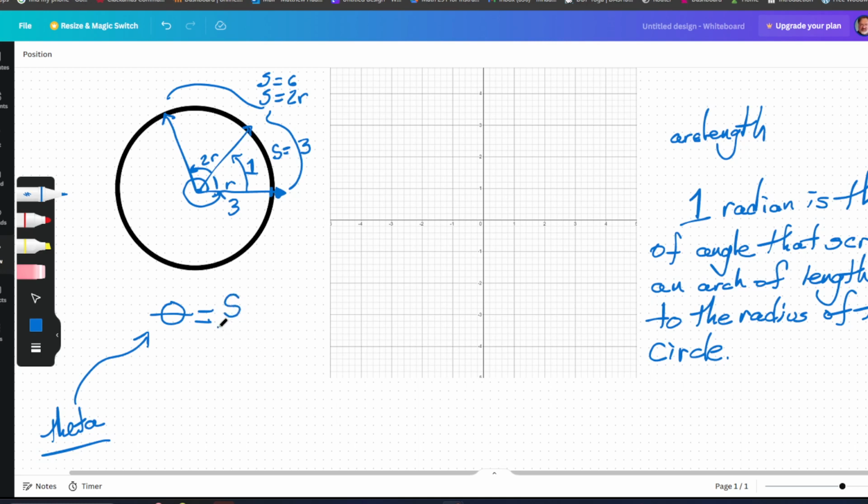So if we want a radian measure, the ratio between the arc length it describes and the radius of the circle is really a good way to think of our definition for radian measure.